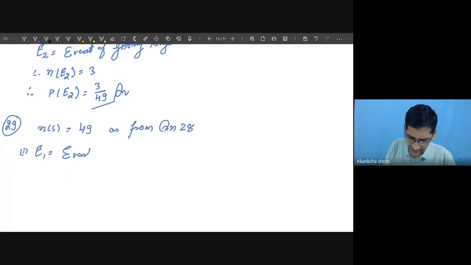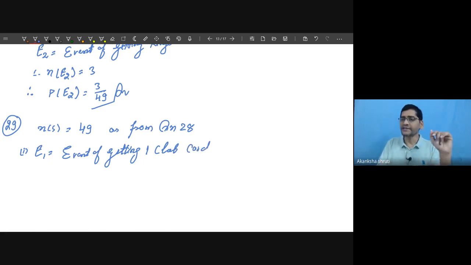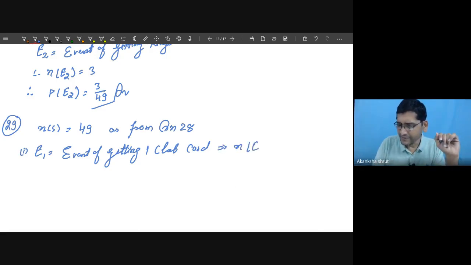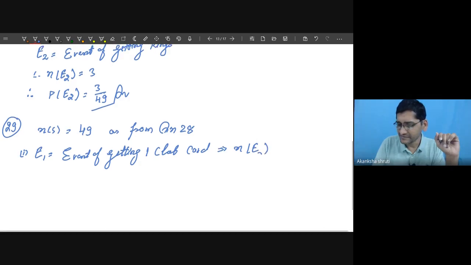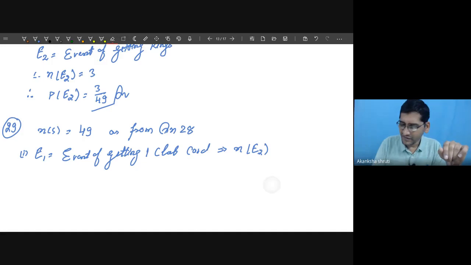So event of getting one club card. Students, already the 3 cards of club are removed. So how many cards of club are available with us? Even this we had also written in the previous question.